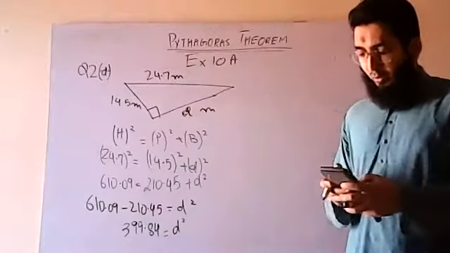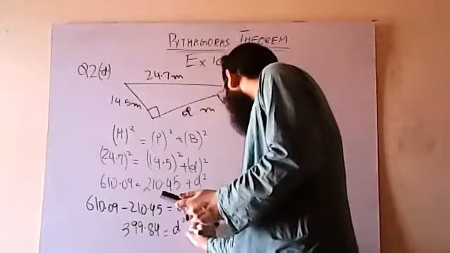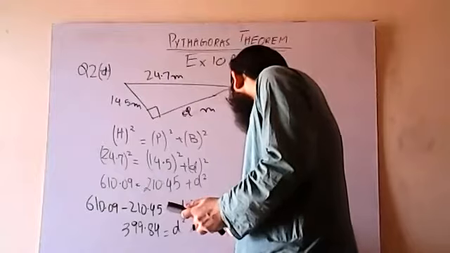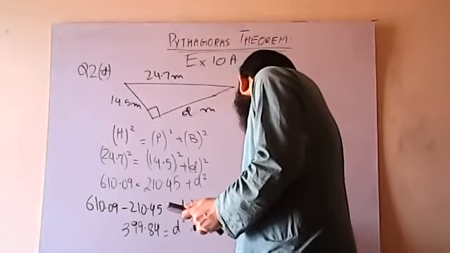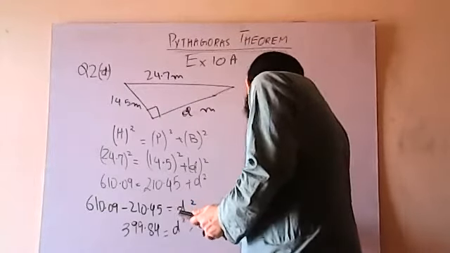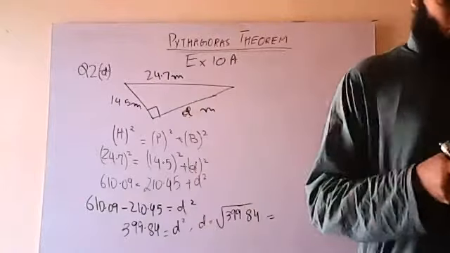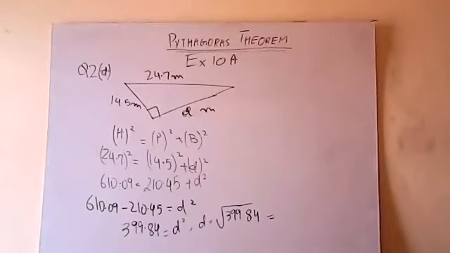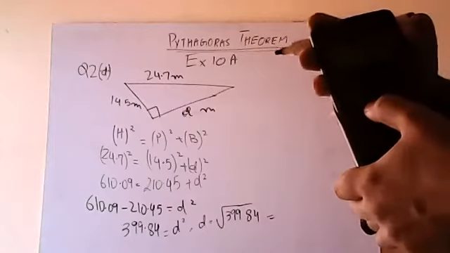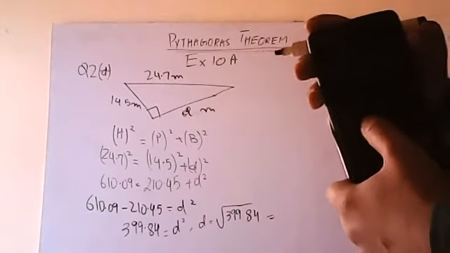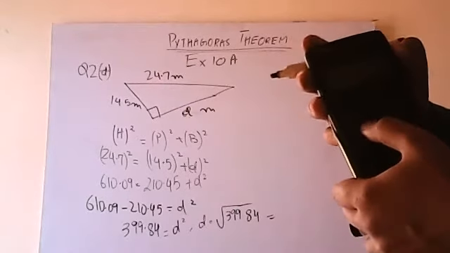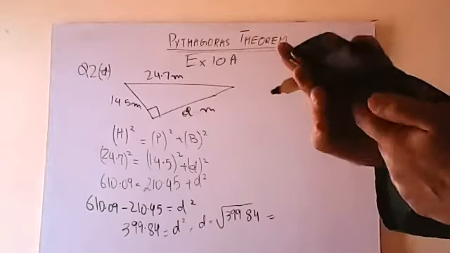So d will be equivalent to the square root of 399.84. How will I take out the square root? There's a button on the calculator that has the symbol of a square root. I'll press that button.